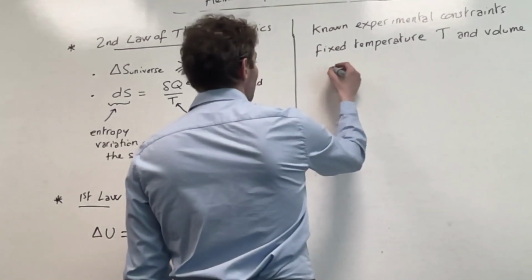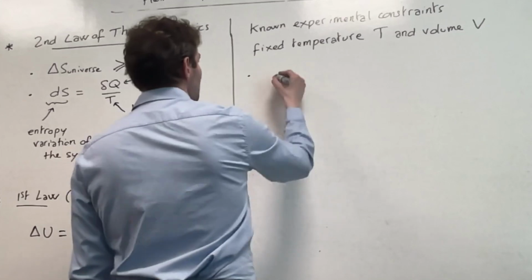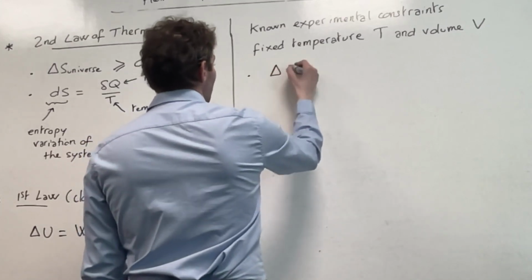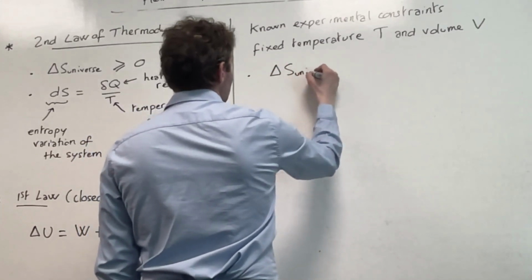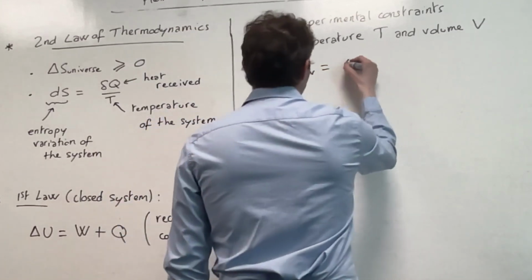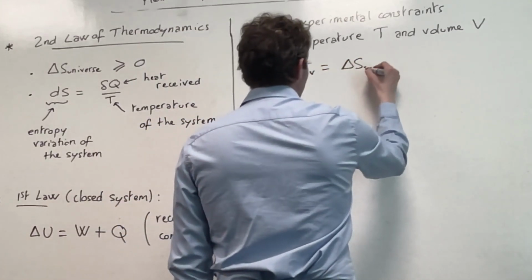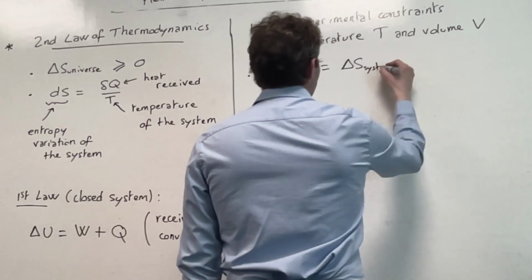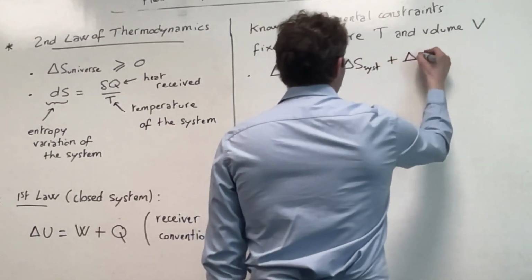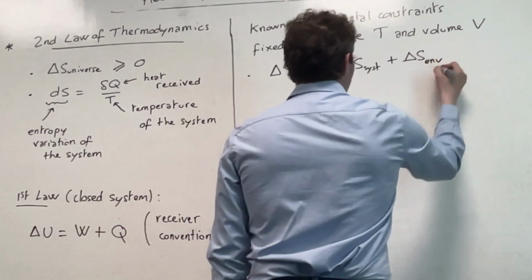So basically what we start to do is split things. We say that the delta S of the universe is going to be delta S of the system plus delta S of the environment.